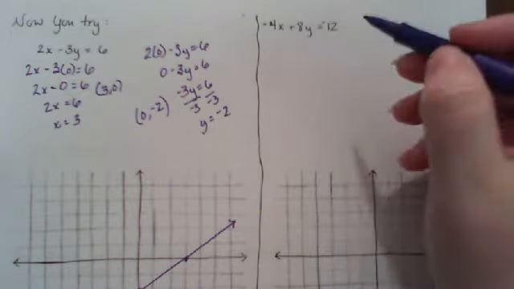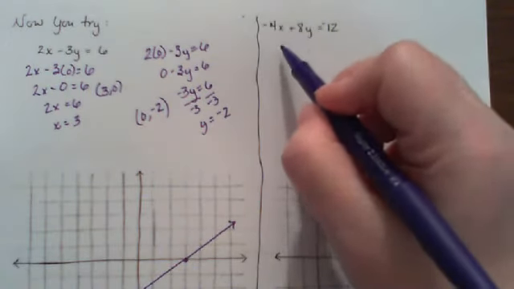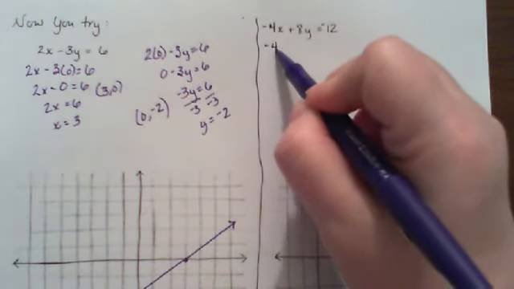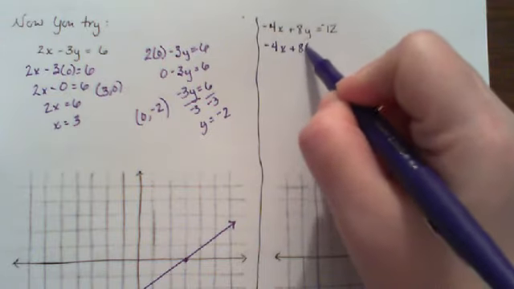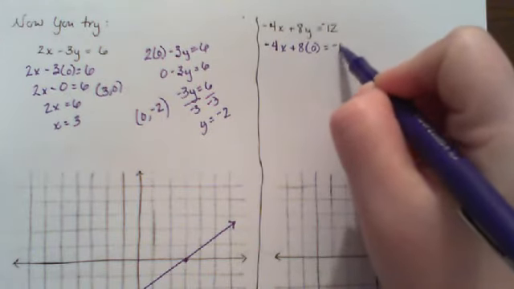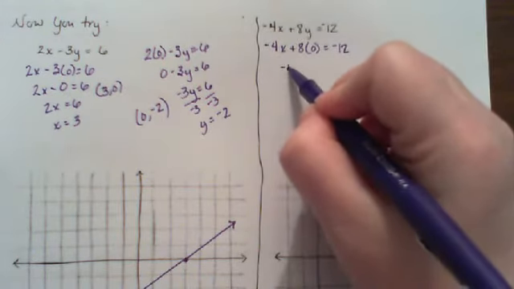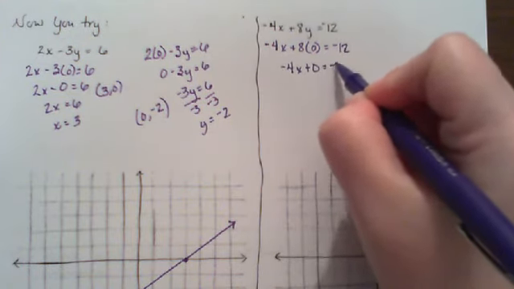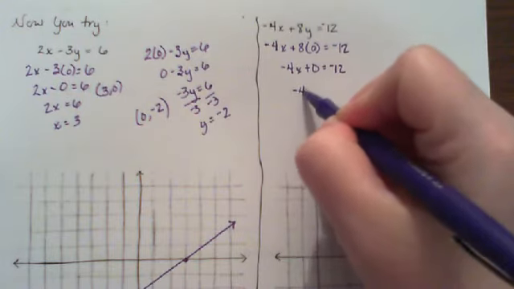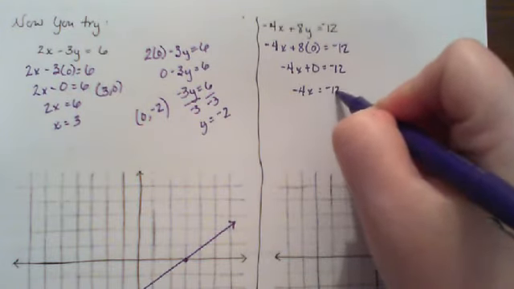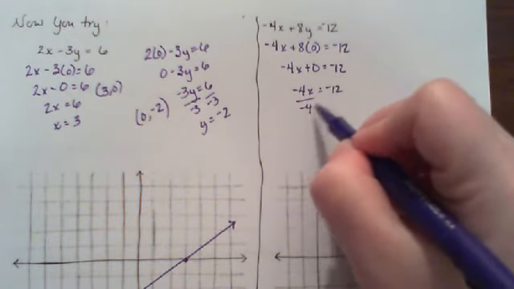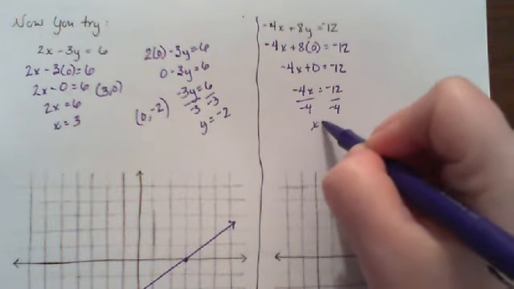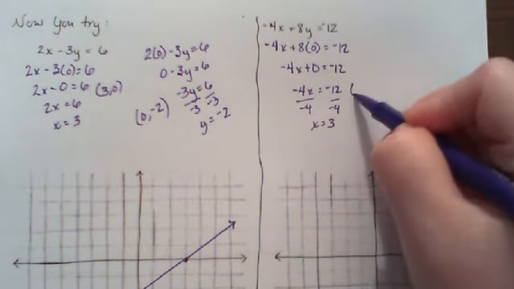And then for this one, you have negative 4x plus 8 times 0 is equal to negative 12. Negative 4x plus 0 equals negative 12. Negative 4x equals negative 12. X is equal to 3.